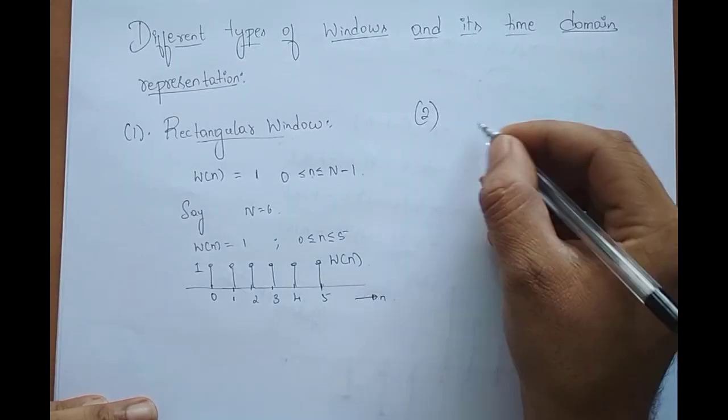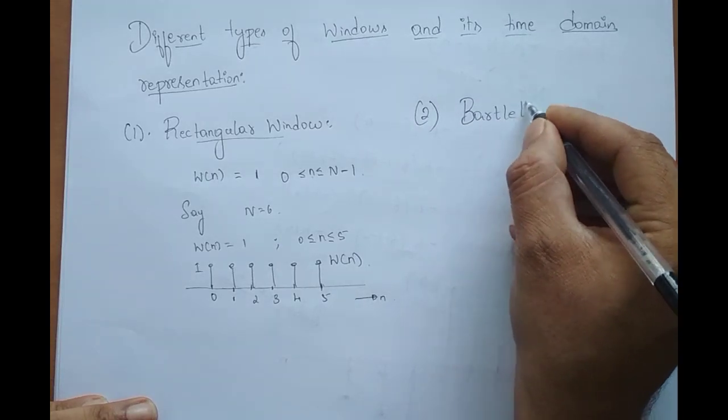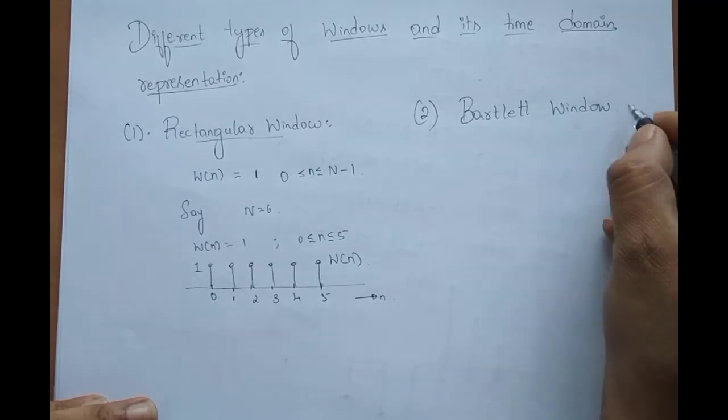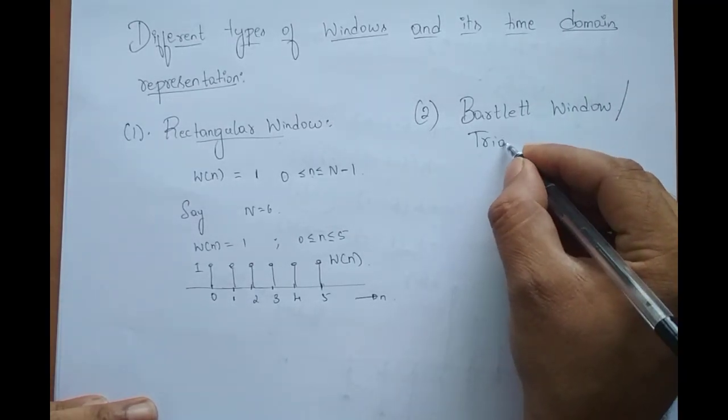Next, the second type of window is called the Bartlett window. It is also called the triangular window because its shape resembles a triangle.